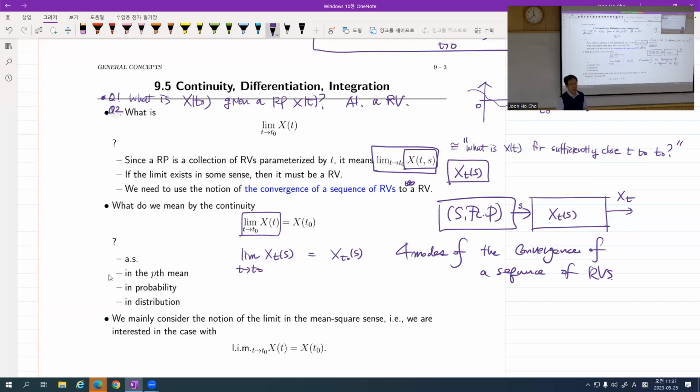For example, suppose you want to show some probability of the random process evaluated at t0 greater than or equal to some value.